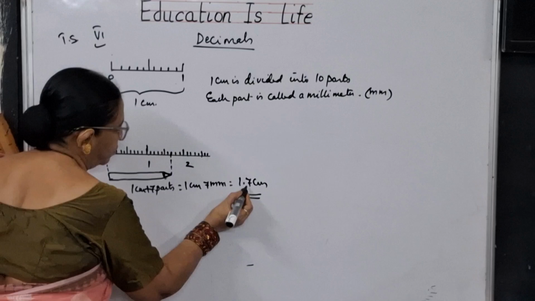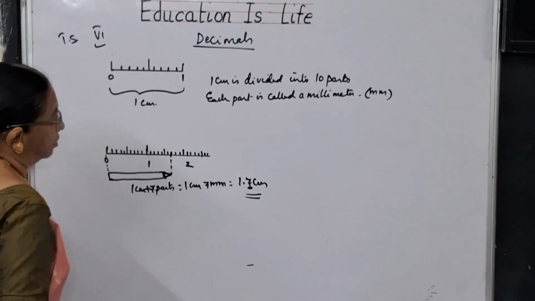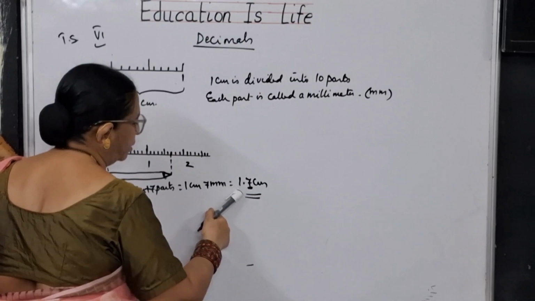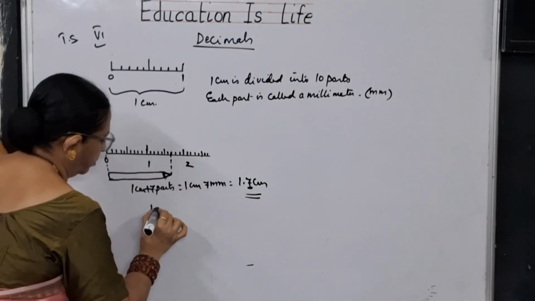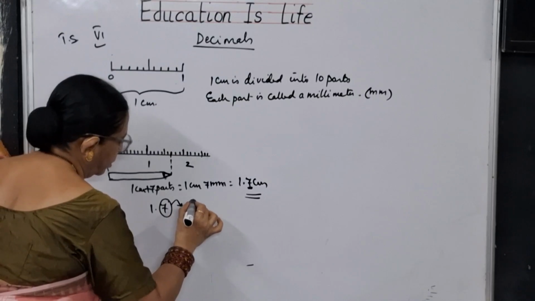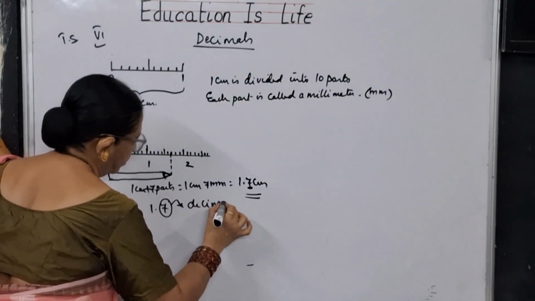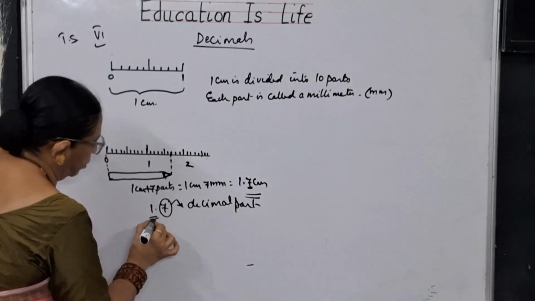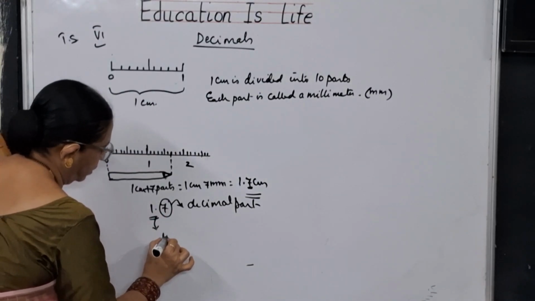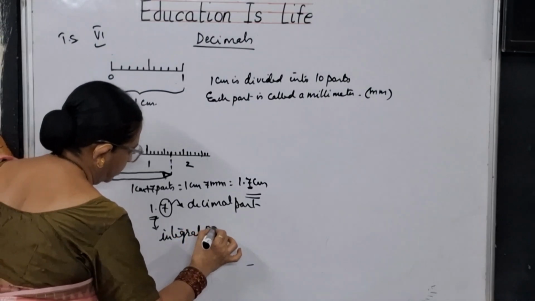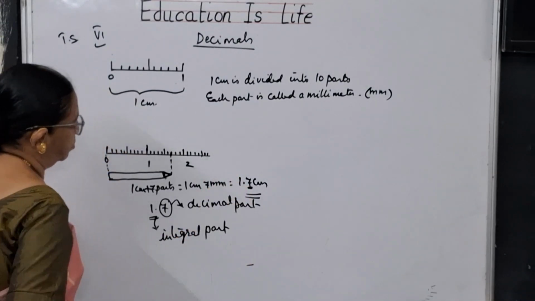So understand this, children. In 1.7, the 7 is called the decimal part, and you will call the 1 the integral part. This you should remember, children.